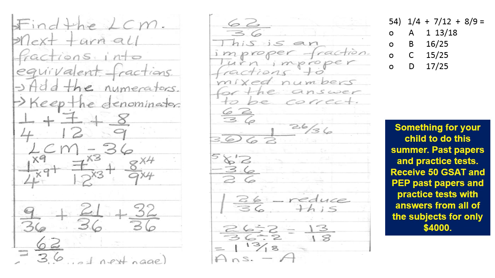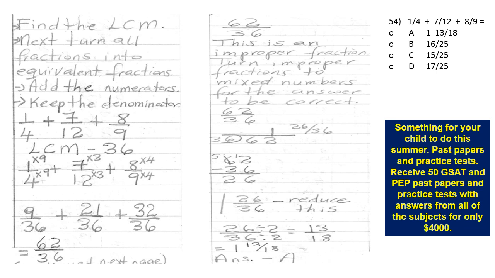So now the three fractions have become 9 over 36, 21 over 36 and 32 over 36. Now we are going to add them.